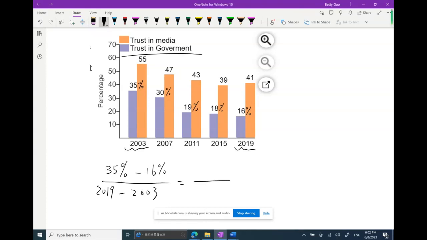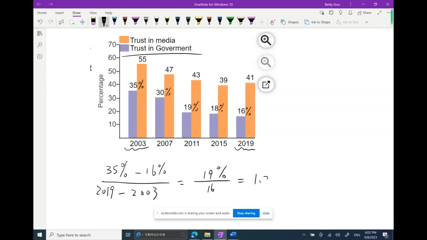Numerator: 35 minus 16, we have 19%. Denominator: 2019 minus 2003, that is 16 years. And then we divide 19 by 16, keeping one decimal place, rounded to the nearest tenth.